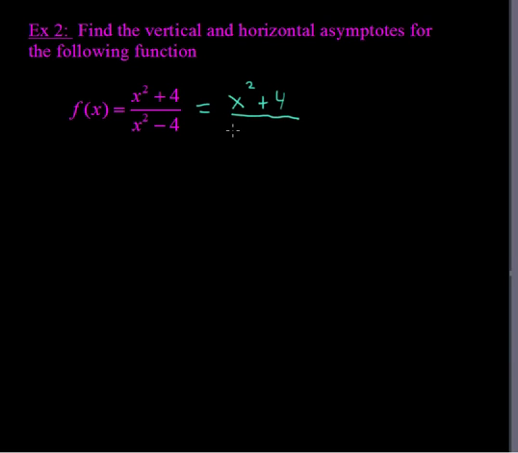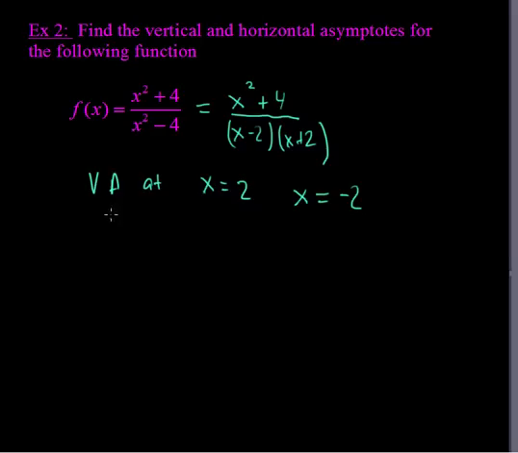The bottom can be written as x minus 2 times x plus 2. None of those cancel out with anything on the top, so both of these spots give us asymptotes. So we have vertical asymptotes at x equals 2 and x equals -2.